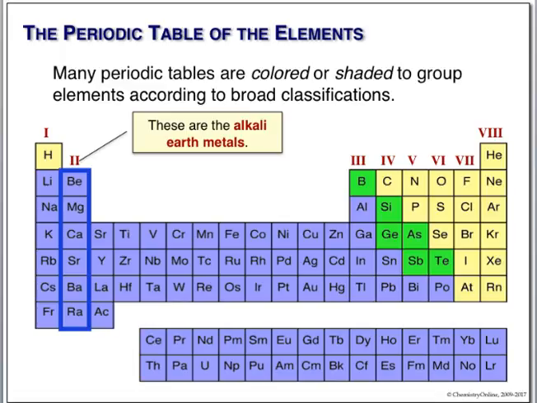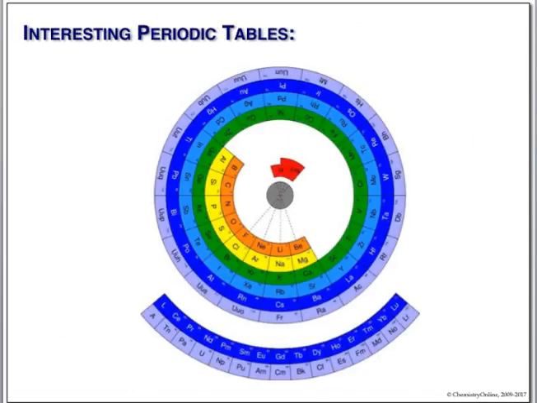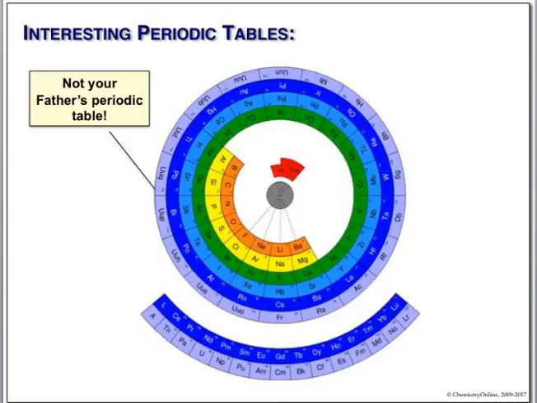Now, this is the common periodic table that we all see and know and love. But there are lots and lots of other periodic tables. This is an example. This is a real periodic table. It is heck to try to figure out anything on it, but this is one of the compact versions where everything is shown cyclic.